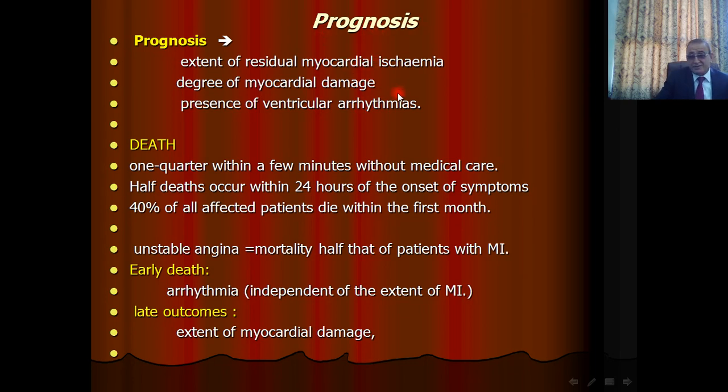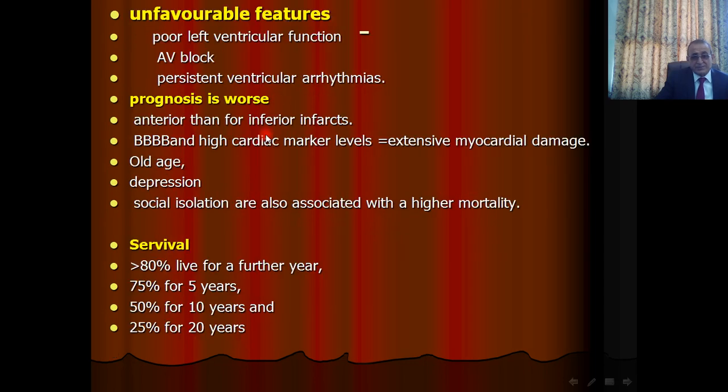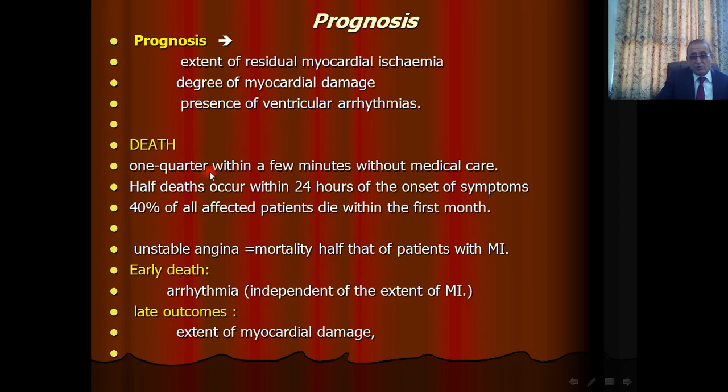Because of death, 1/4 will happen before any medical care. Half of them will die within 24 hours, 40 will die within the first month. Of course, unstable angina mortality is less. Cause of early death is arrhythmia. Cause of later death is related to extent of myocardial damage.